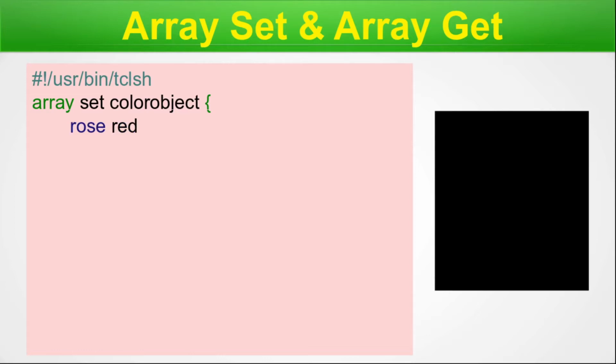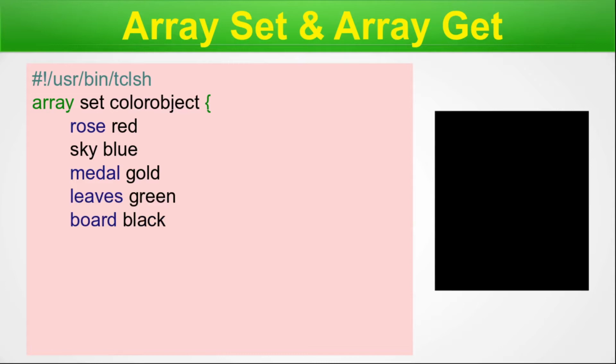So the key is rose and its corresponding value which is mapped to it is red. Similarly we keep on writing the other pairs. It is the same key value pair combination from the previous example, and here we are closing it with the curly bracket. So the array set command can also be used to create it. I have used multiple lines here, but you can still use a single line, there is no issue.